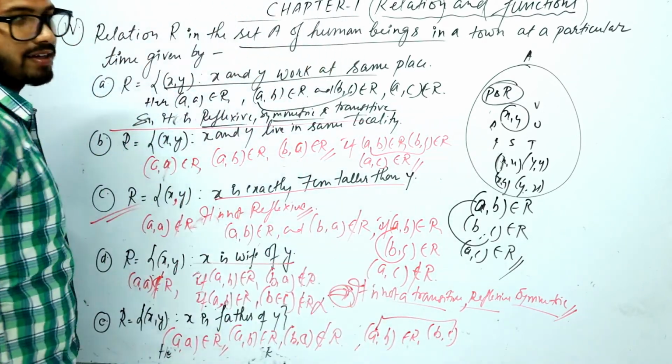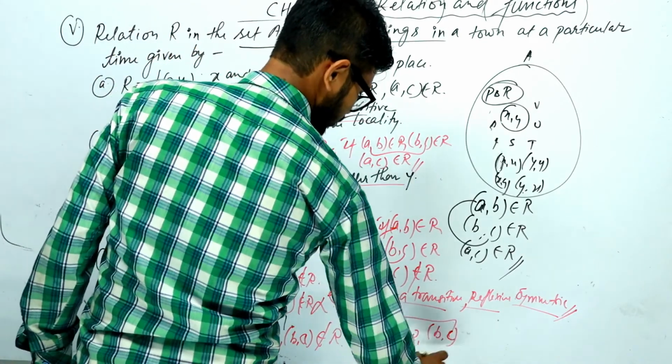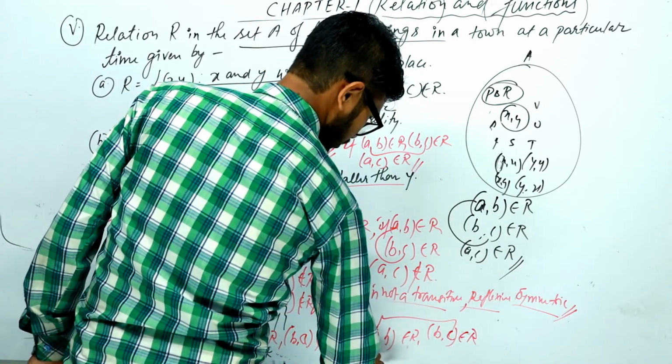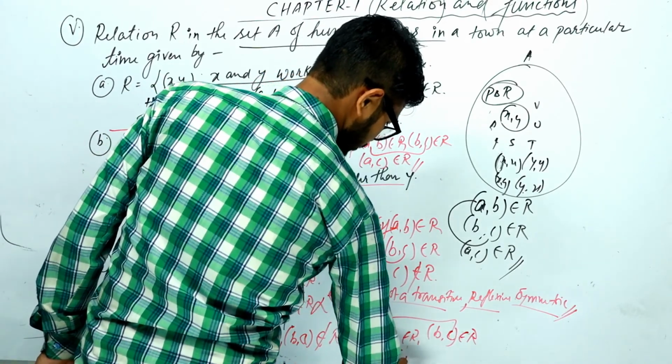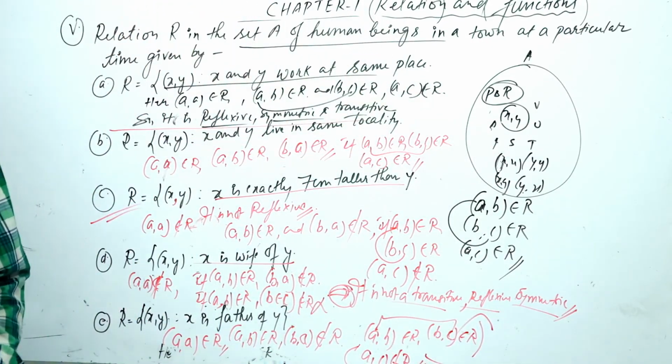So a comma b and b comma c belong to R, but a comma c does not belong to R. So it is the same case: not transitive, not reflexive, not symmetric. I hope it is very clear. Keep it up, man.